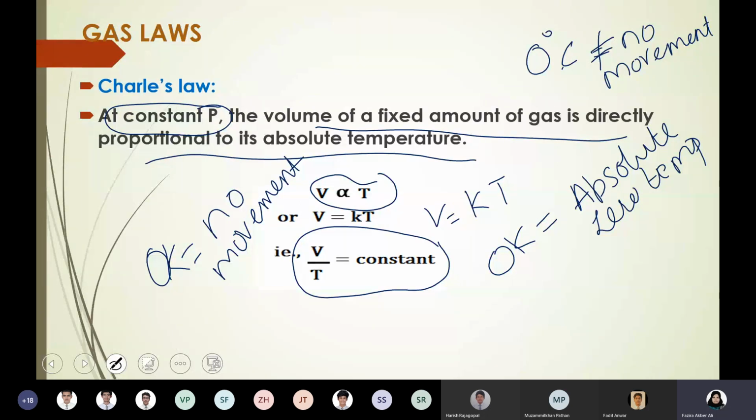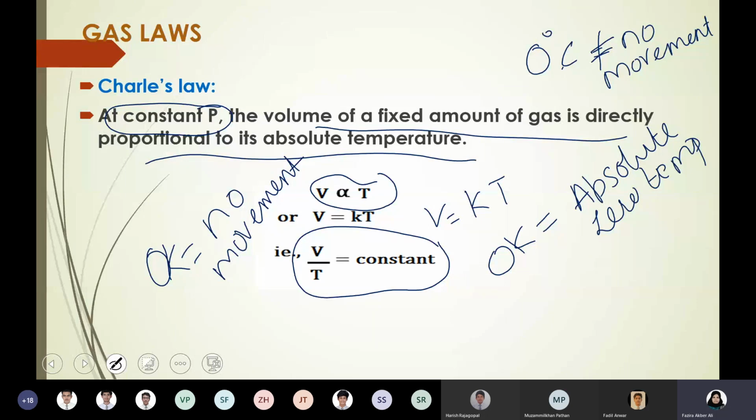In degree Celsius, 0 doesn't mean zero energy or no movement. So the Celsius scale is not completely agreeing with the definition of temperature, because temperature is related to the movement of the particle.